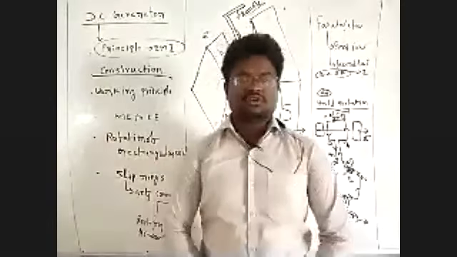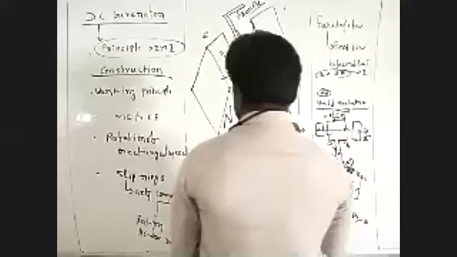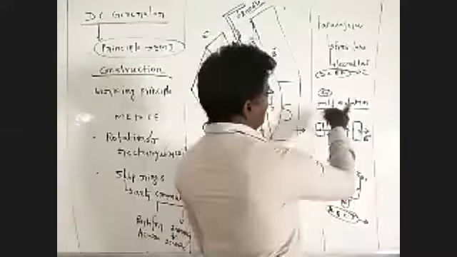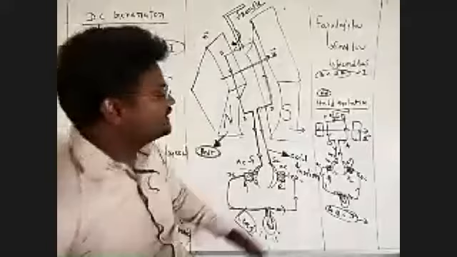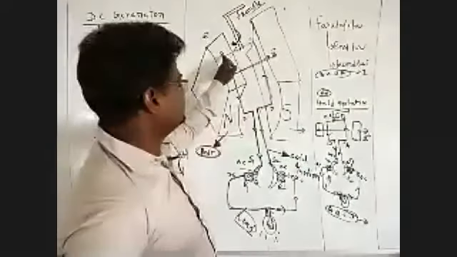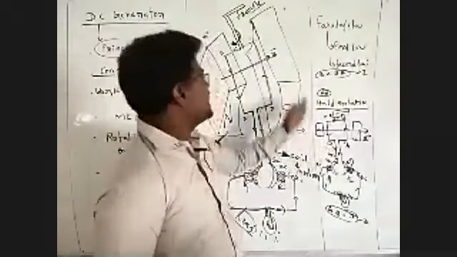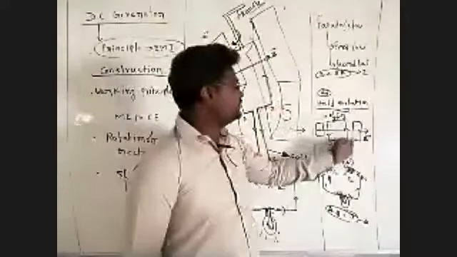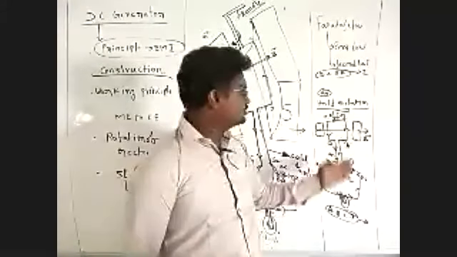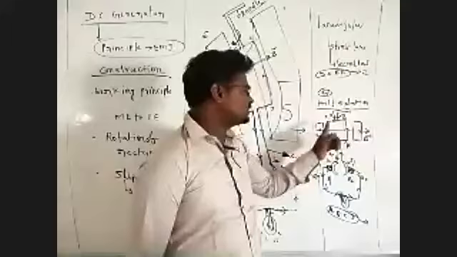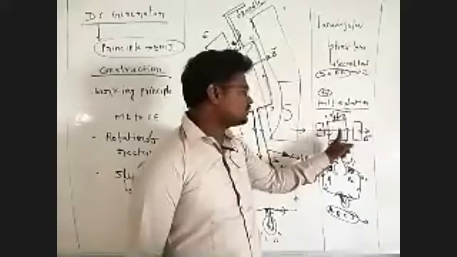Next, the second rotation. This is 0 degrees, this is 90 degrees, this is 180 degrees, and this is 360 degrees. In the second half rotation, A and B change to C and D, and CD changes to BA. The armature rotates in a clockwise direction.